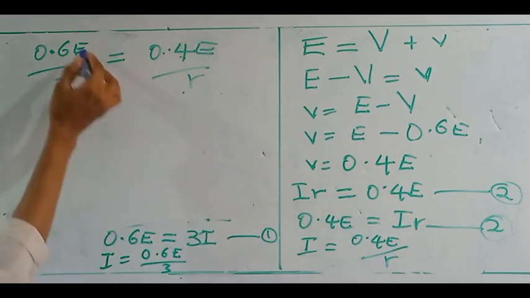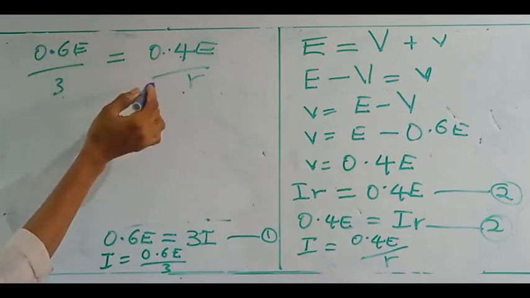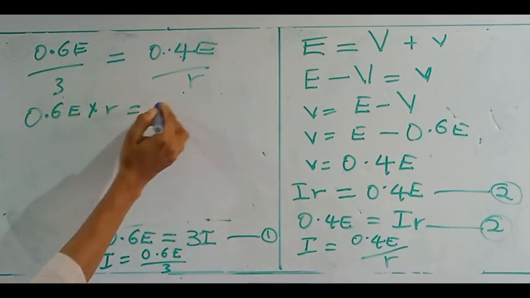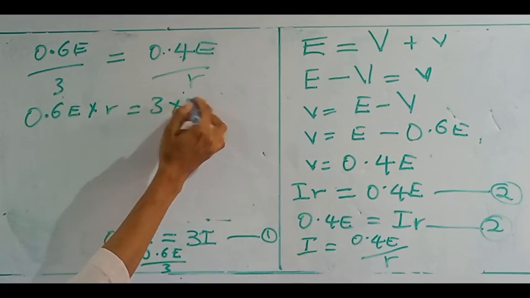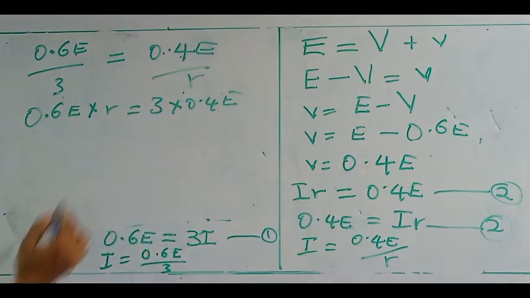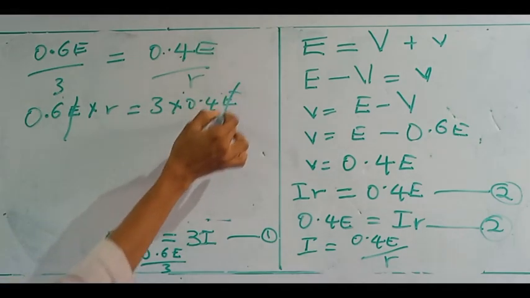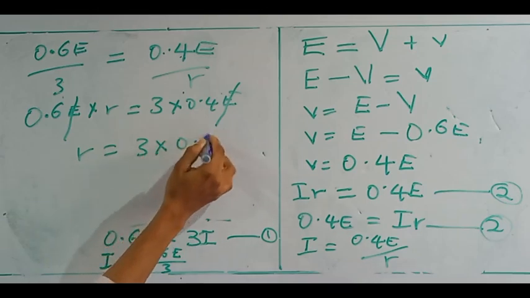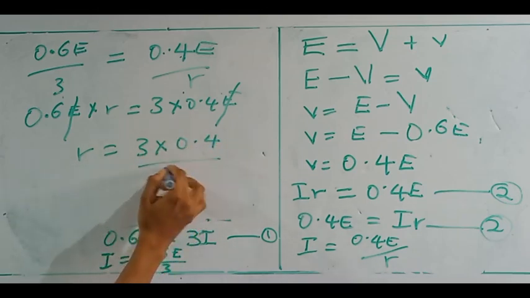Remember that E can cancel E, but let's cross multiply first and have 0.6 E times R is equal to 3 times 0.4 E. So that E can cancel E, then R will be 3 times 0.4 over 0.6.